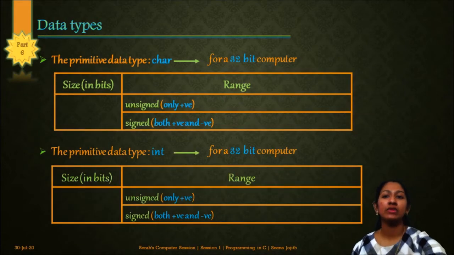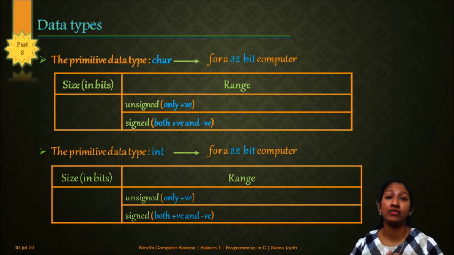Now we'll move on to the int and char types for a 32-bit computer. I have not included the calculations here because you get really big numbers, and you'll get confused if I include them. We'll just see the range. For the char type in a 32-bit computer, the size allocated is 8 bits.